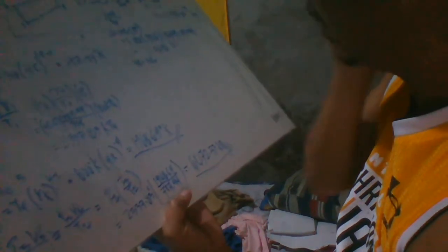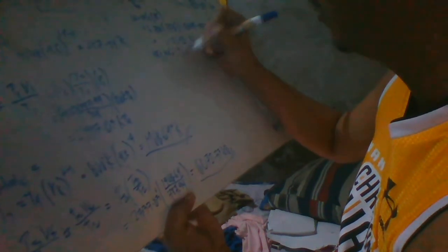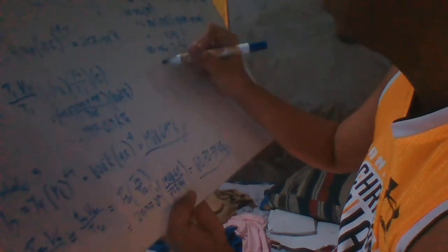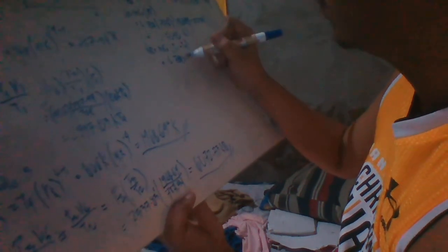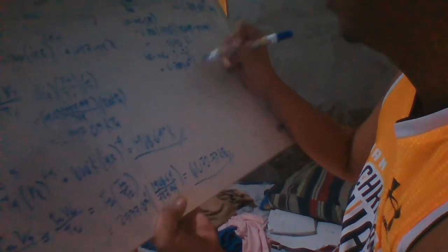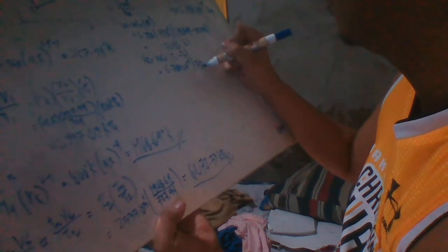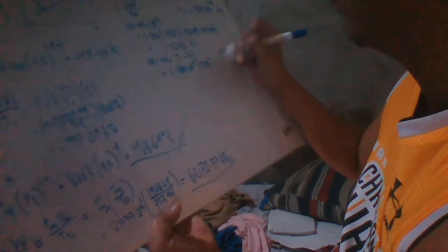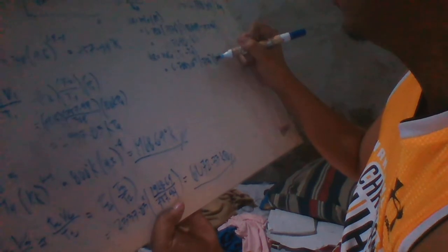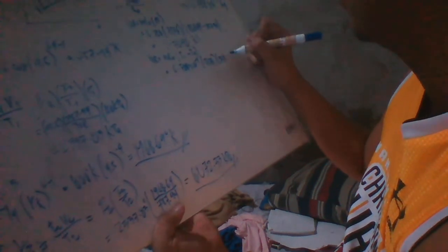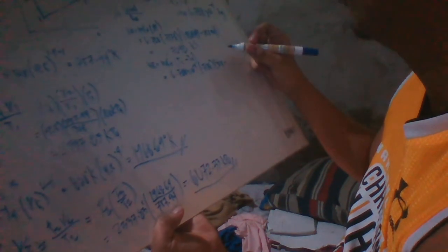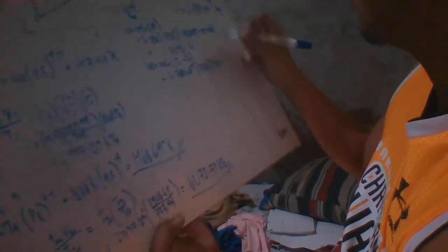Next, we will have the heat rejected, m Cv. We will use Cv because it is constant volume. Q rejected is m Cv times T1 minus T4. Substituting 6.788 times 10 raised to negative 4 times Cv 0.7176 times T1, which is 308, minus T4, which is 800.